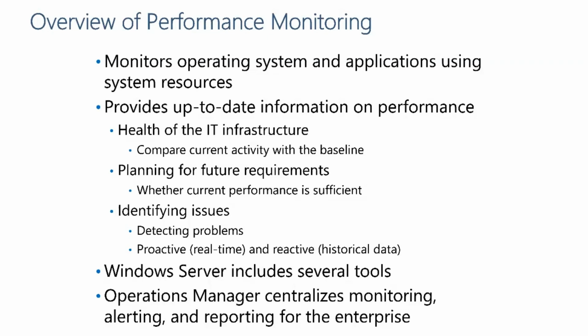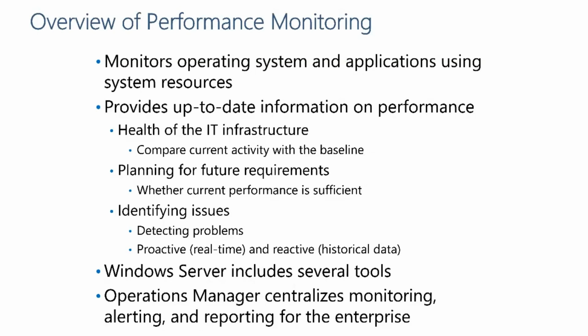So it allows you to detect problems, be proactive and make changes before they become a problem, or it can be reactive by looking at historical data and working out problems as well. So the performance monitoring works out if you need future requirements for increasing resources or performance.